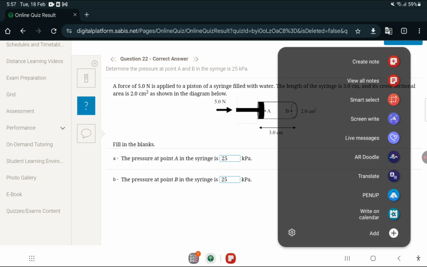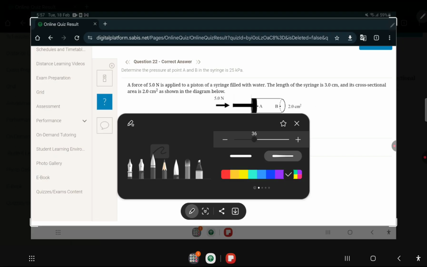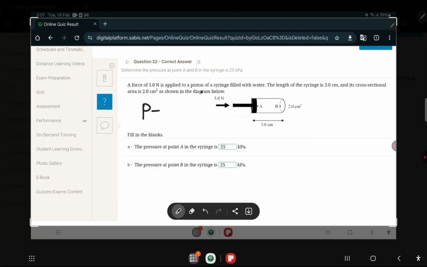We agreed that pressure is equal to force over surface area. Here the force is 5, over the surface area, which is 2 times 10 to the power of negative 4. Okay, that's it. Plug it into your calculator.